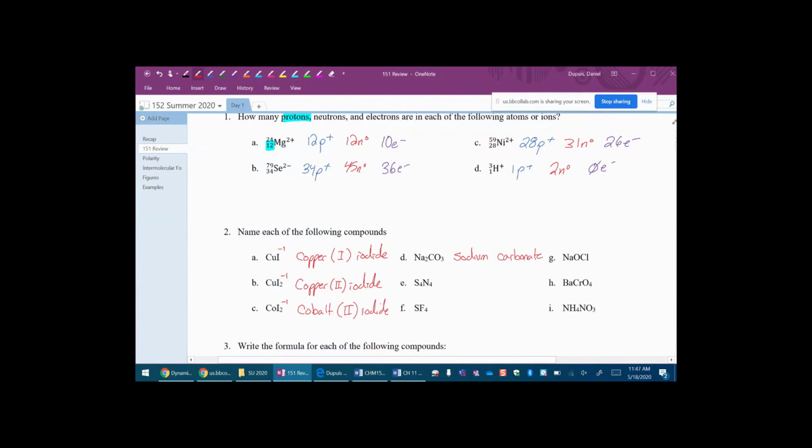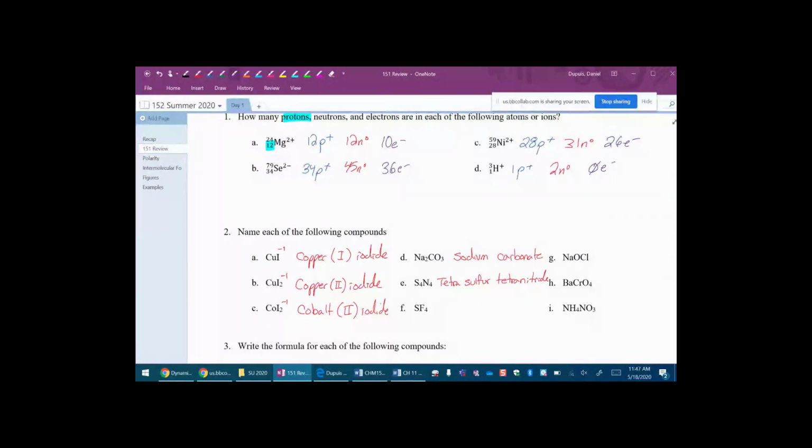E, sulfur and nitrogen. They're nonmetals. Prefixes. Tetra for 4. Tetrasulfur. Tetra nitride. Right? So use the prefix, element first name, prefix, second name, change the ending to "ide."